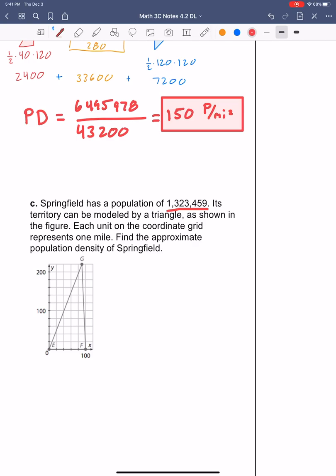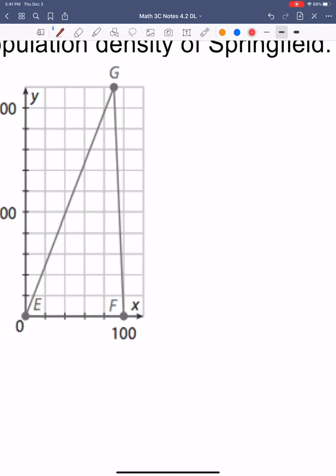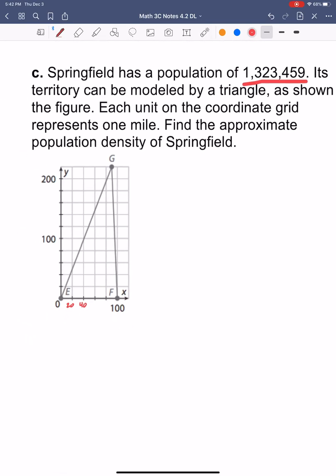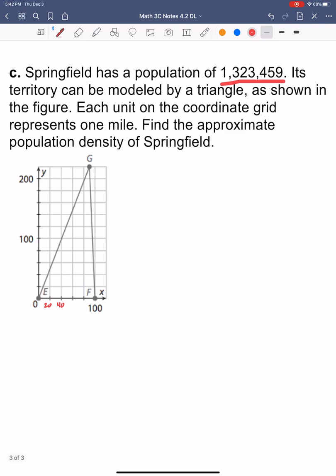And it looks like each one of the tick marks for this triangle, zooming in here, would be, let's see, 20, 40, 60, 80, 100. All right, so each one is worth 20 there. And so let's go ahead and find the area of that triangle.